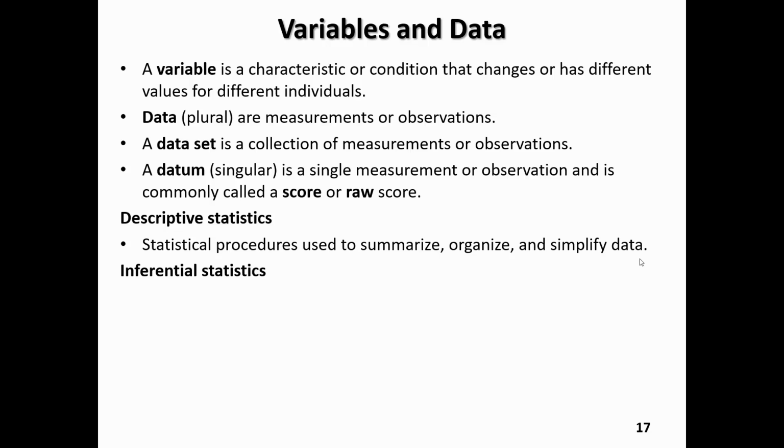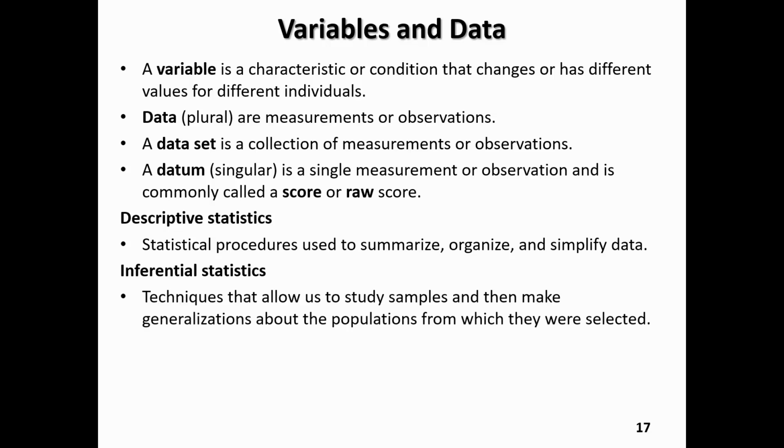Inferential statistics takes the next step after descriptive statistics are generated, and inferential statistics allows us to take data and descriptive statistics from samples and make generalizations to the populations from which those samples were obtained.